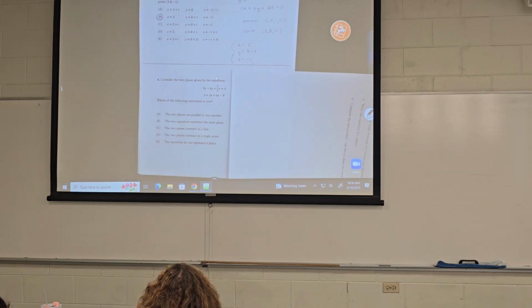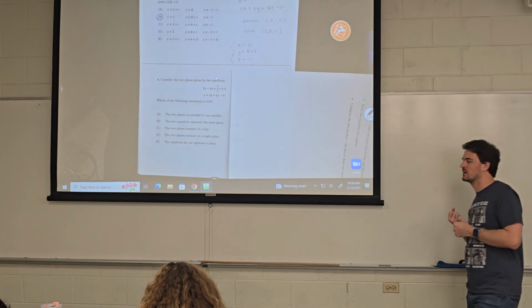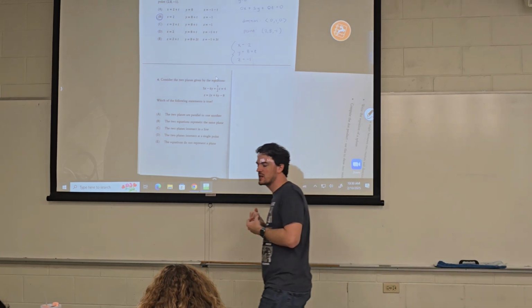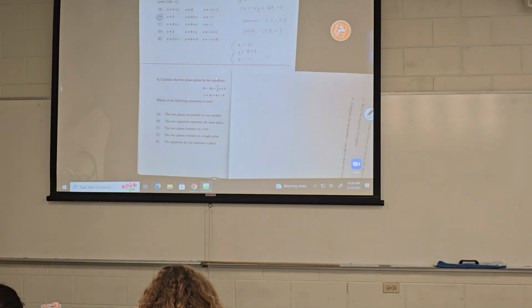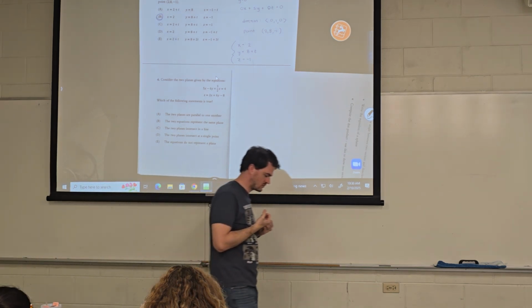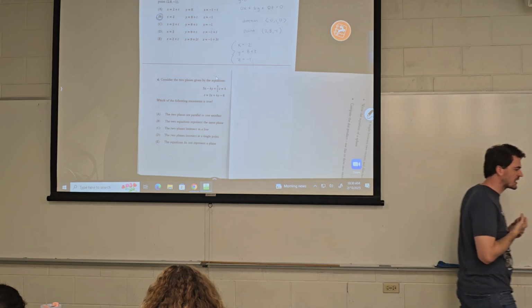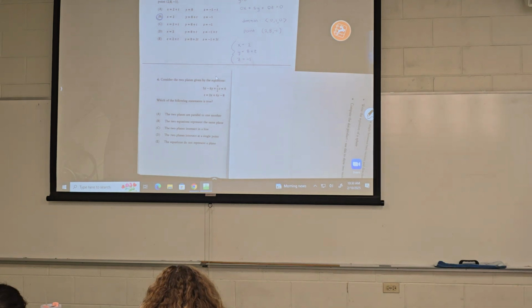If the points are the same as the normal vector. When you say points, hold on, let me think. Because a plane is your points, x naught, y naught, and z naught. Careful. Think about it in that standard form, ax plus by plus cz equals something.